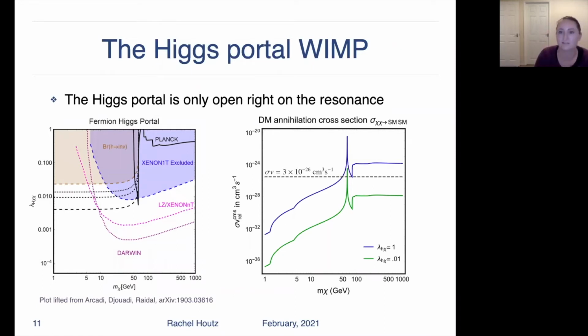Which makes sense because the relic abundance curve is telling you something about the cross section and the coupling, and so if I just tell you the cross section as a function of mass, you see that this resonance peak in the relic abundance curve looks like a dip. And for different couplings, you can see different size cross sections, and some areas have the promise to reproduce the relic abundance only right on the resonance.